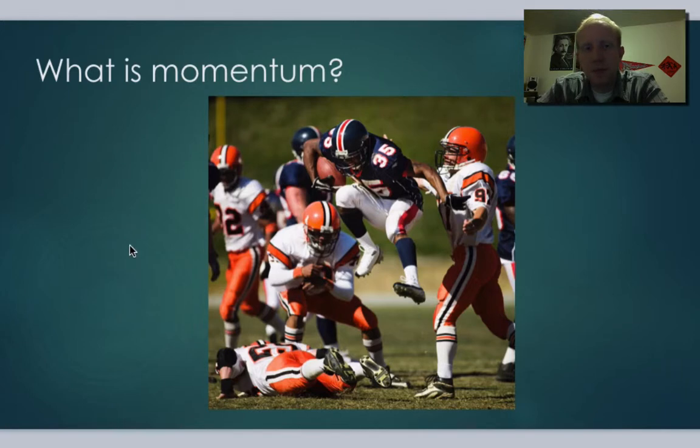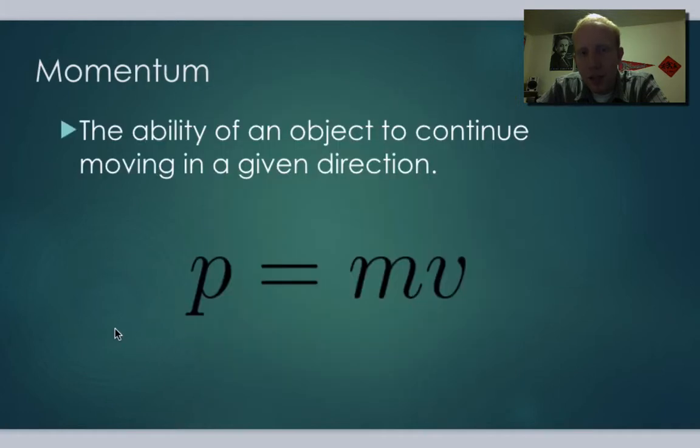When we're talking about momentum, we are strictly talking about a physical quantity that we can measure and calculate. So momentum is the ability of an object to continue moving in a given direction, and it is described by this equation down here.